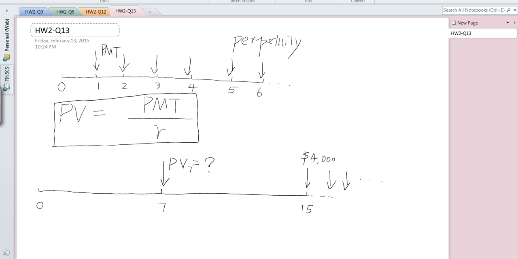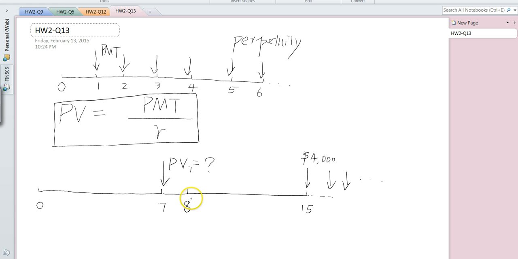So how can we solve this question? Can we directly apply this formula here? The answer is no, because as we said, to apply this formula, we have to make sure the first payment starts from next year. So relative to year 7, if we want to apply this formula, we have to make sure the first payment starts from year 8.